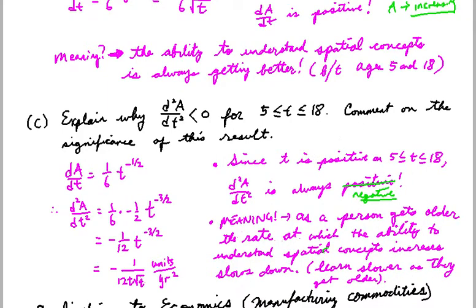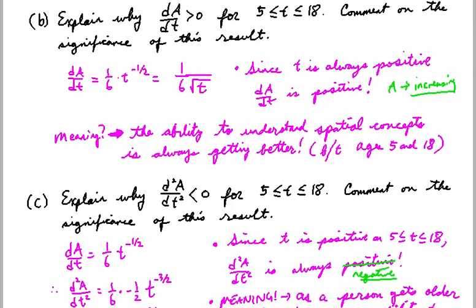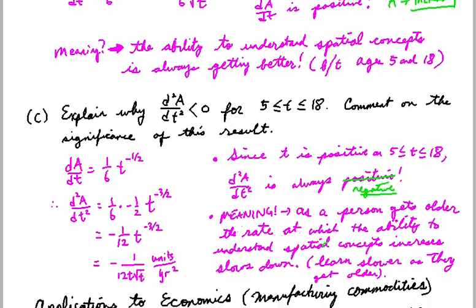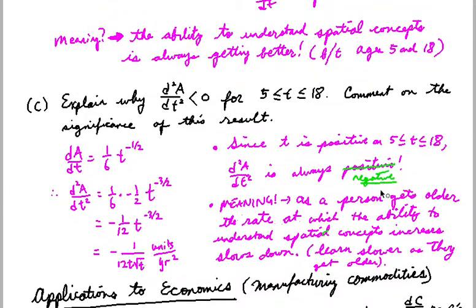So even though the good news is that, if this model is true, you will keep learning better as you get older, the rate at which you learn is going to be slowing down.